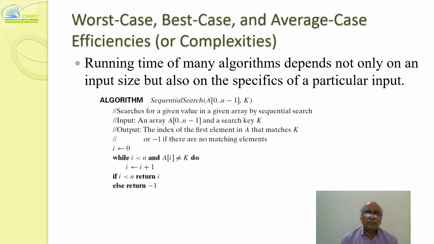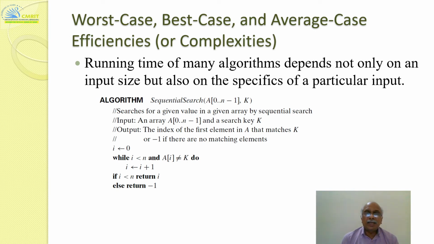And the algorithm implementation is very simple. You start a counter i, which indicates the index position. You initialize it to 0, and then you run a while loop. We keep on checking the element at each index position and see whether the key value matches that index position or not.